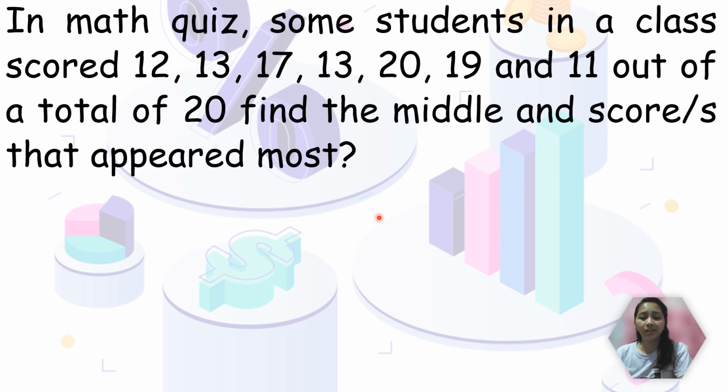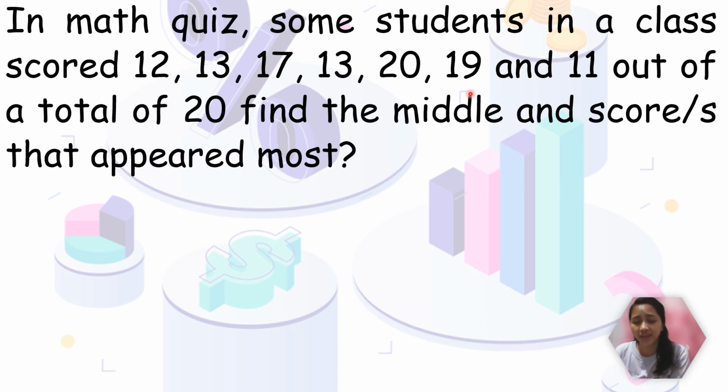Going back to the previous example wherein we use this problem, we need to determine the median and the scores that appear most. Upon finding the median, we arrange the given set of data into ascending order. Then after arranging it, we will count it, or we can use n divided by 2. If n is odd, after dividing it by 2, we will round up, and that is our median.